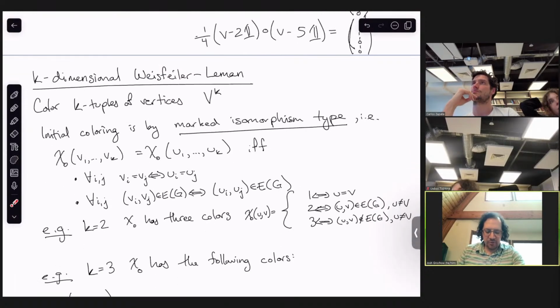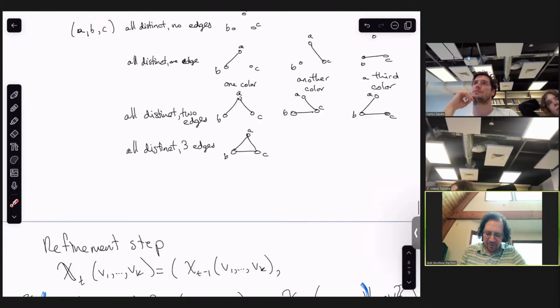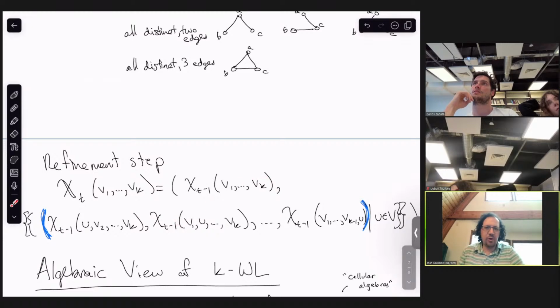It is actually very general. You can do it for hypergraphs. You can also define things like this for any finite structure in a first order language with relations and functions or something like that. It gets very general, but the initial coloring idea, the marked isomorphism type, and the refinement step are always the same.